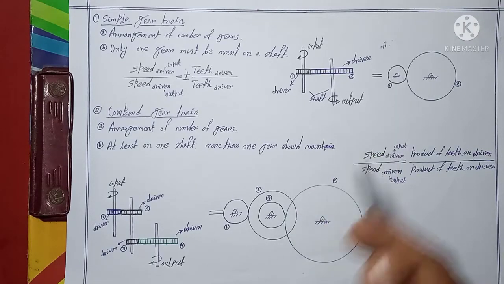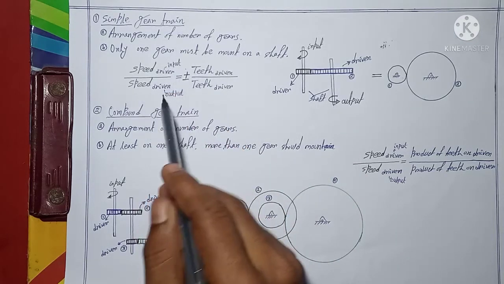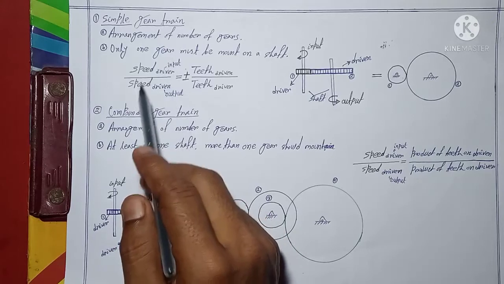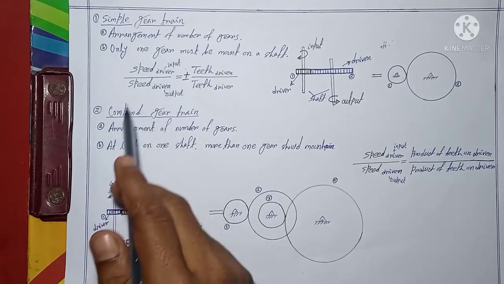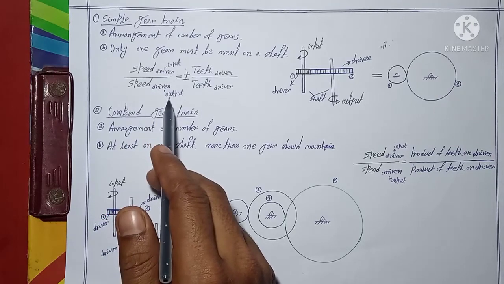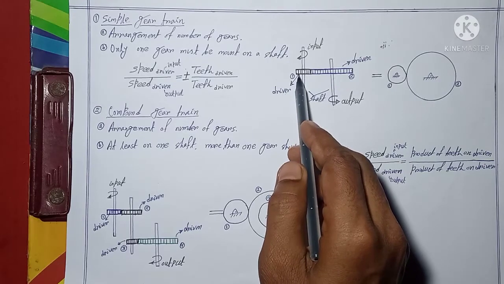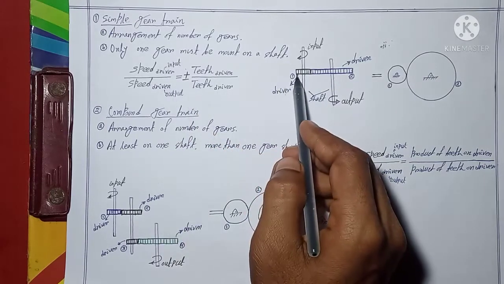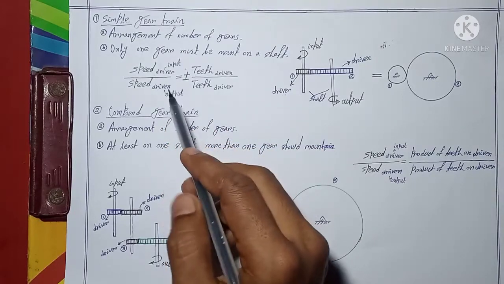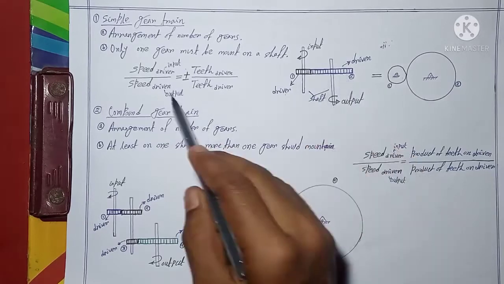Now this is all about the simple gear train, and there is one very important formula for the simple gear train: the speed of the driver by the speed of the driven. Whatever the speed of gear 1, our driver gear, should be here. And suppose the speed of the driven gear, meaning gear 2, is unknown.